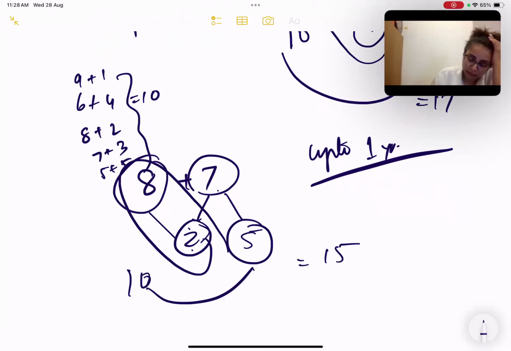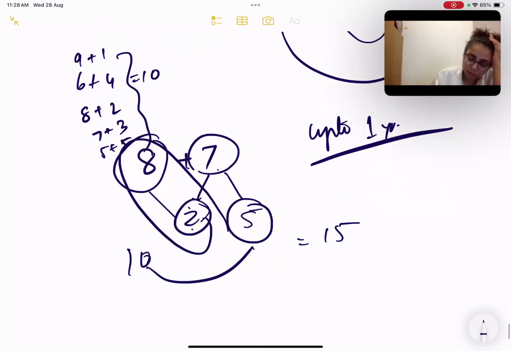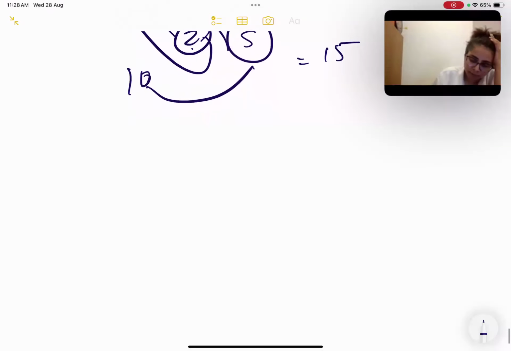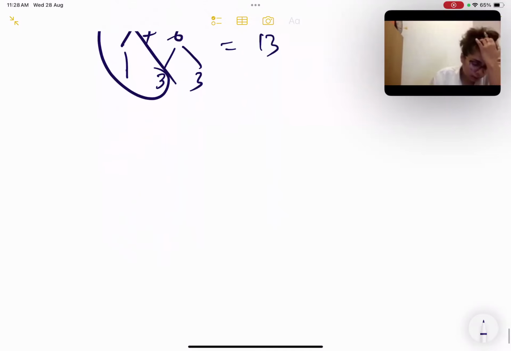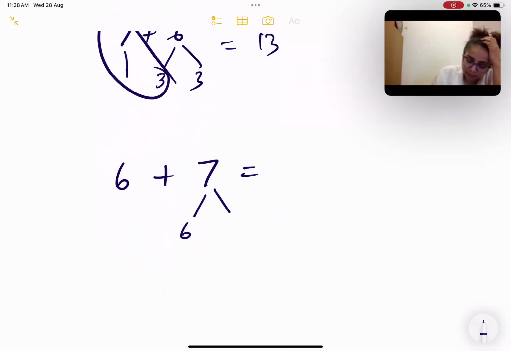In a similar way, you have to do it for all different numbers. Okay, like a 7 and a 6, so you can make 7 a 10 by this, and this becomes a 13. Okay, and now 6 and 7 can also be done another way. That 7 is 6 and 1.